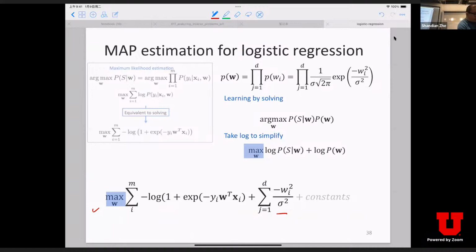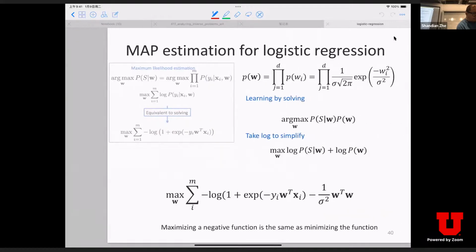And because this minus sign is really annoying, we can just get rid of it and change max to min.